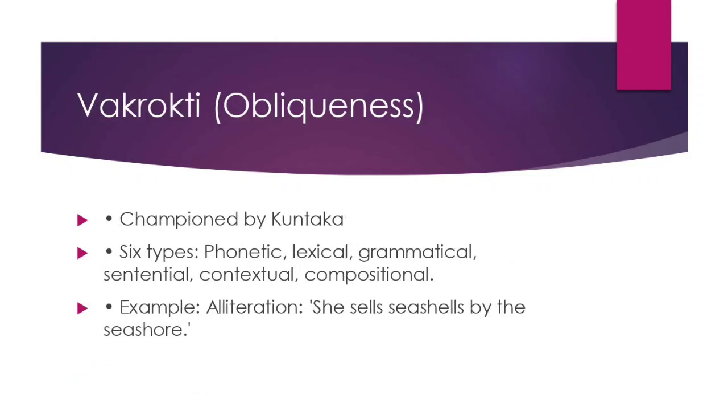So next we have Vakrokti, that is obliqueness, which was introduced by Kuntaka in his work Vakroktijivita, which was published in the 10th century. So Vakrokti is a key concept in Indian aesthetics, and the term Vakrokti literally means oblique expression or deviation in speech. So this Vakrokti refers to the artistic use of language to create beauty and uniqueness in a literary work.